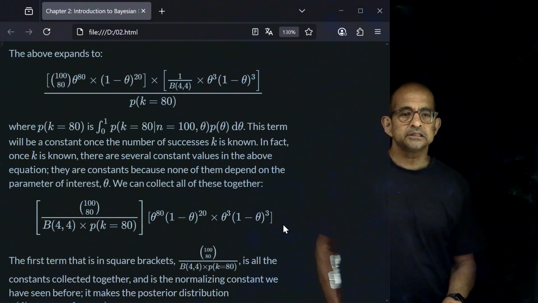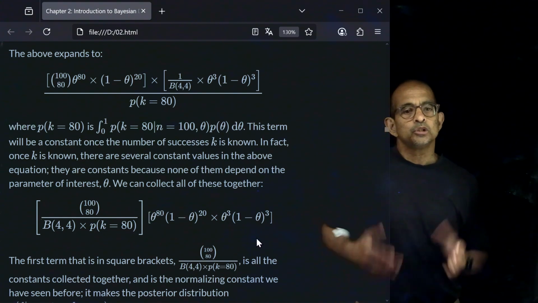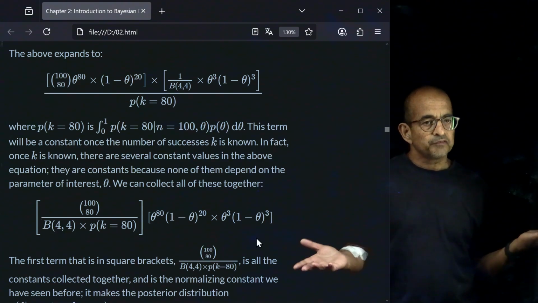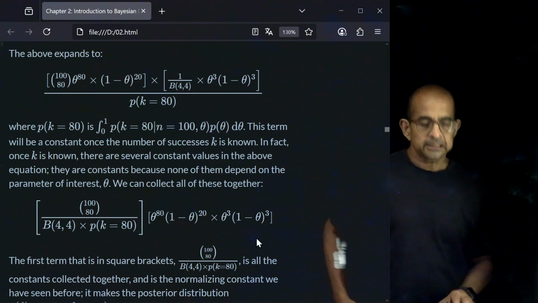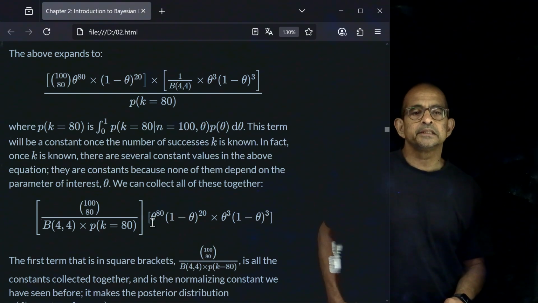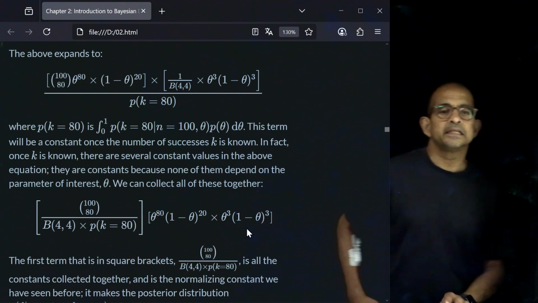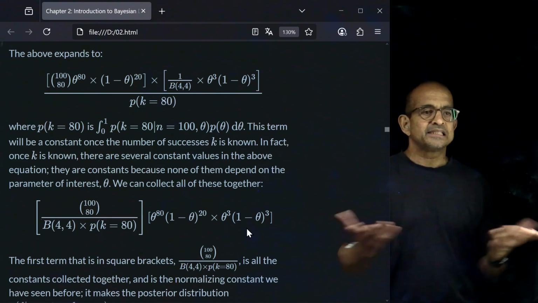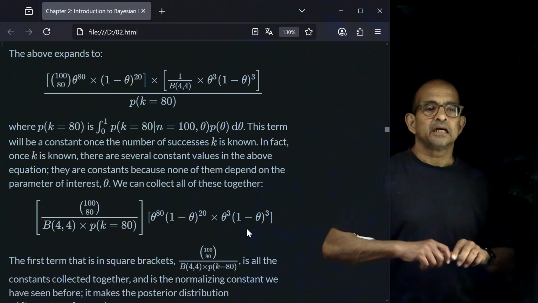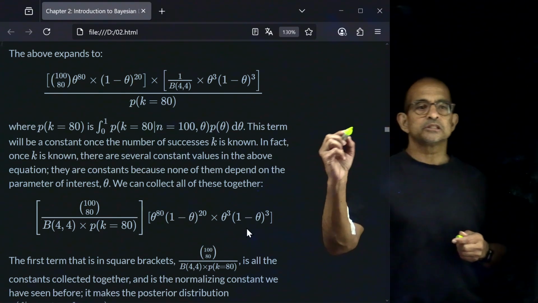Now, if you look at these two terms, the likelihood and the prior, you'll notice something very interesting. I have a theta term here and a theta here, and I have 1 minus theta here and 1 minus theta here. What that means is that I can simply multiply straight away and get a new expression. So let me try doing that.